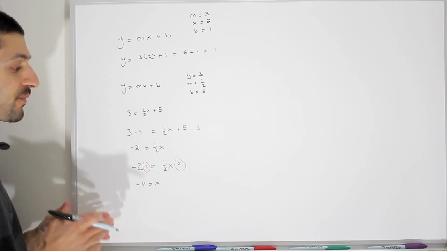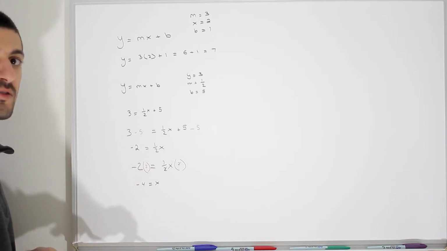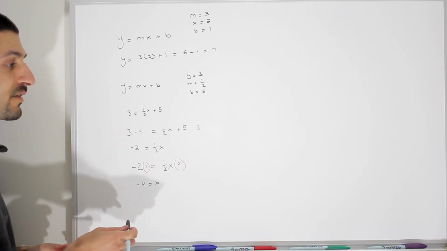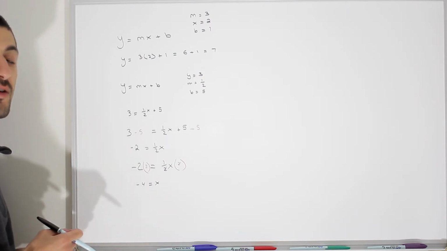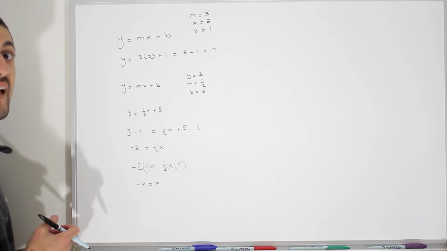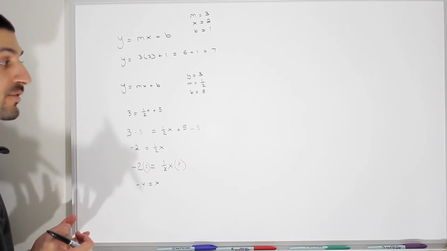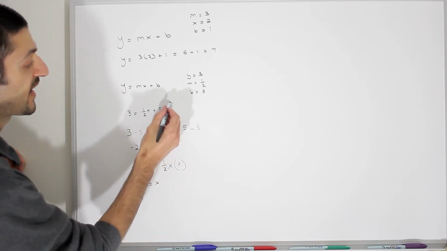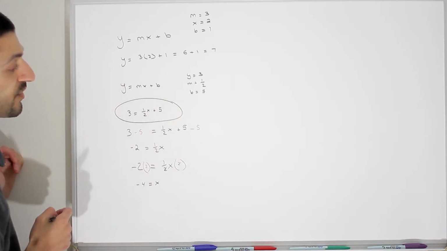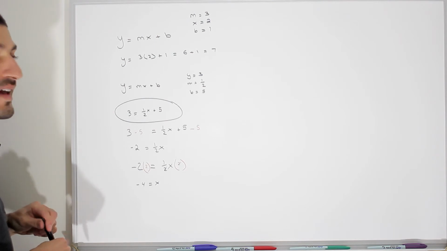Now, whenever it comes to math, once you find a solution, you can always stick that solution in the original formula or the original problem and see if it actually is the correct answer. For example, we had 3 equals 1/2 x plus 5.